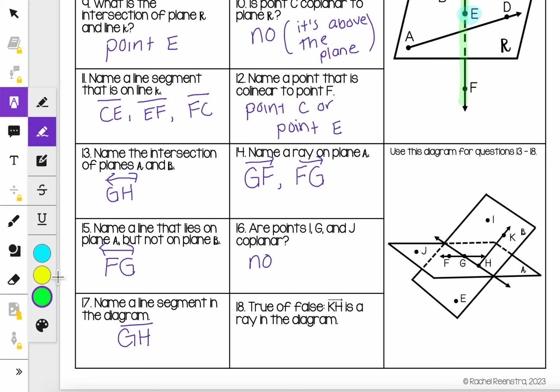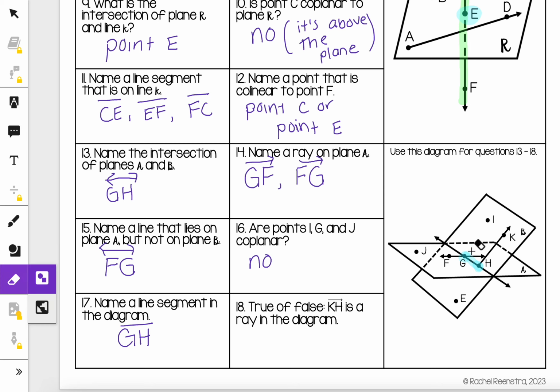All right, this would be a line segment. Okay, again, we also could name line GH. We did that for the intersection, but if it's just asking for a line segment, we are just looking at a piece of that whole line. All right, can get a little confusing.